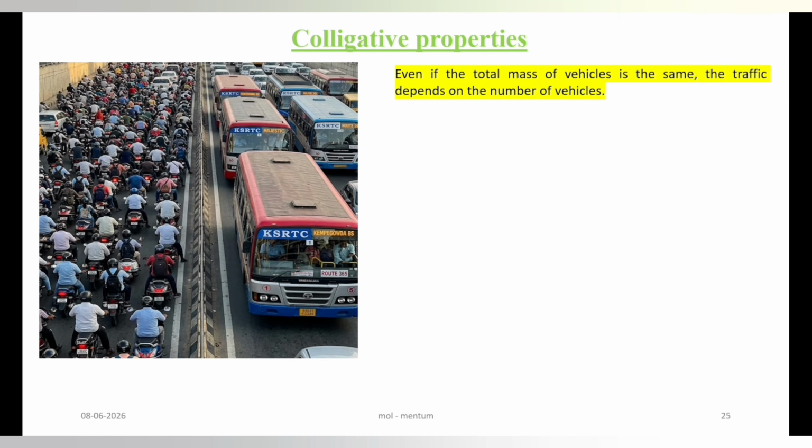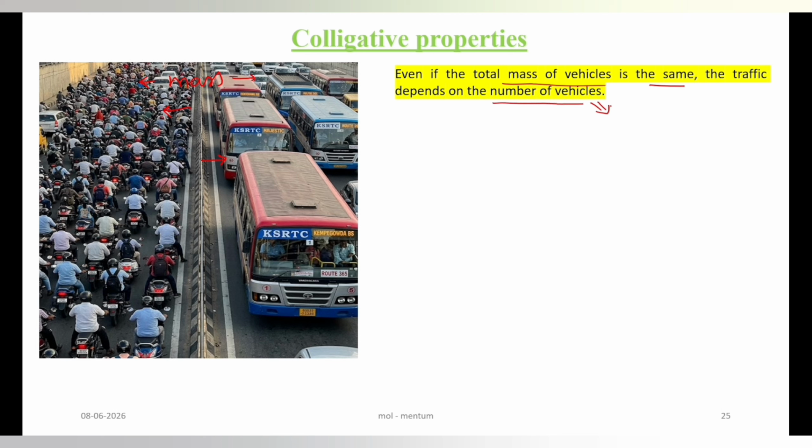Okay, so just imagine a situation. This is an image. You can see from one side of this median on the road, there are a lot of bikes and cars, small vehicles, whereas on the other side we have a large number of buses, big size vehicles. Let us assume the mass is the same on both sides. Even if the mass of the vehicles is the same, the traffic depends upon the number of vehicles.